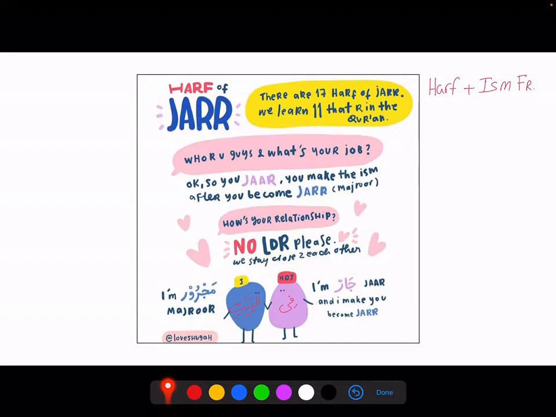That can happen. But as far as harfu jar and ism majroor are concerned, they are always together, so nothing can come in between, as in fil bayti.